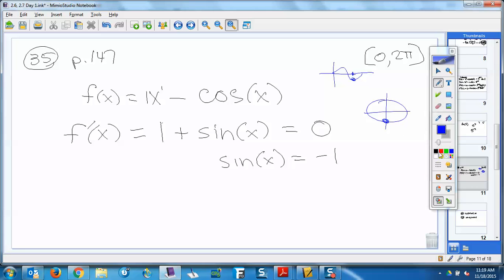So when x is 3 pi over 2. Sometimes we get more answers than that, but this time that's all we get. Now think back to the last quiz, think back to the problems we were doing. Now it asks, are there any stationary points? That was part A. Yes. If so, where? We just answered it. x equals 3 pi halves. Next question. Where is f increasing?